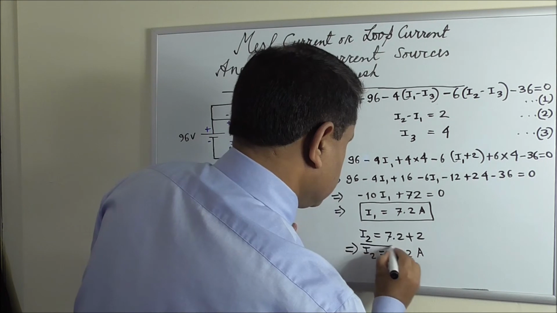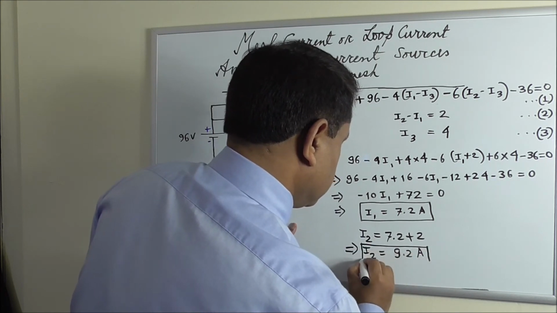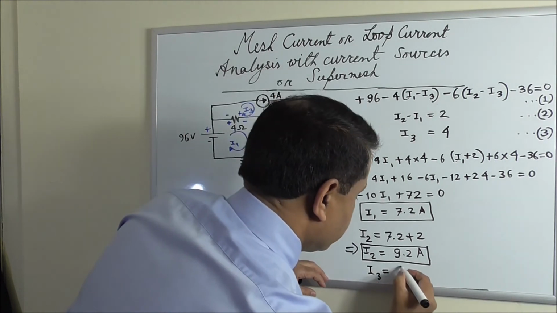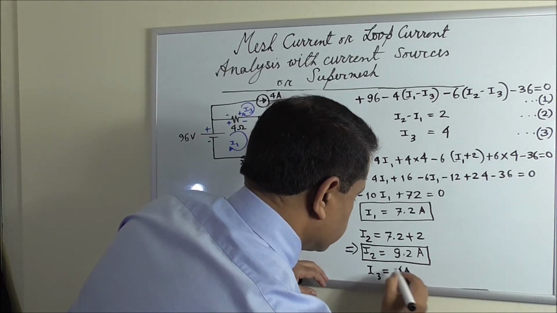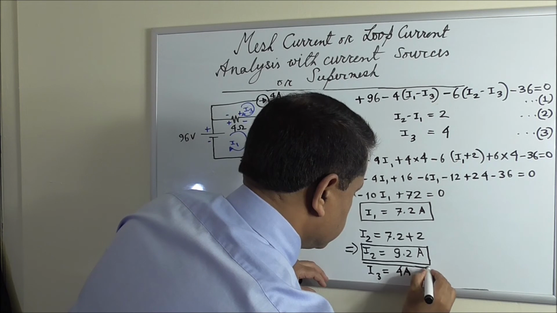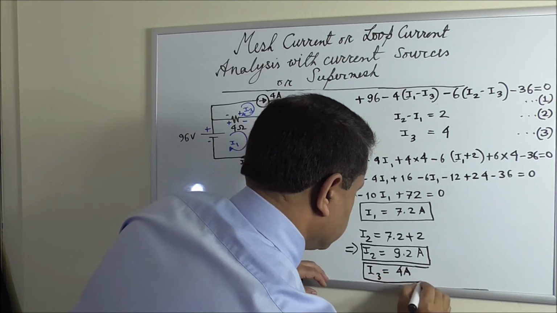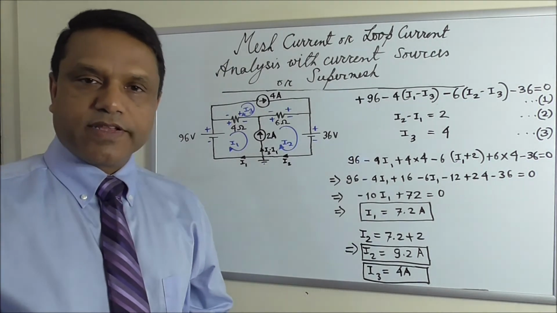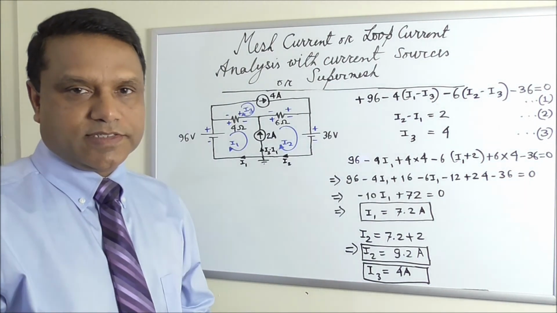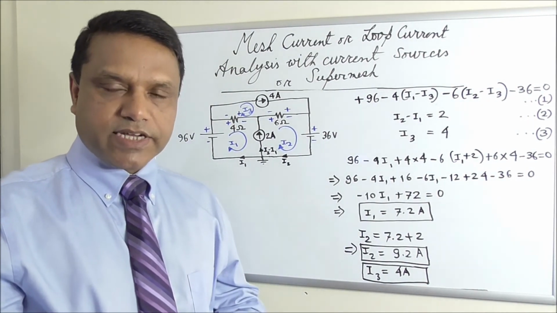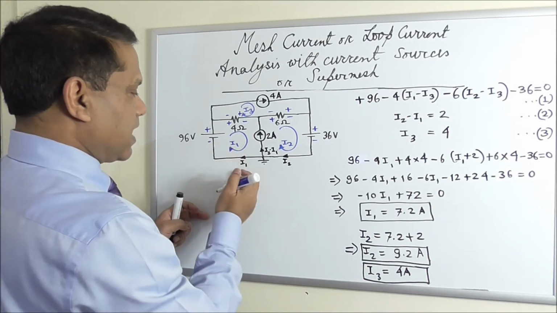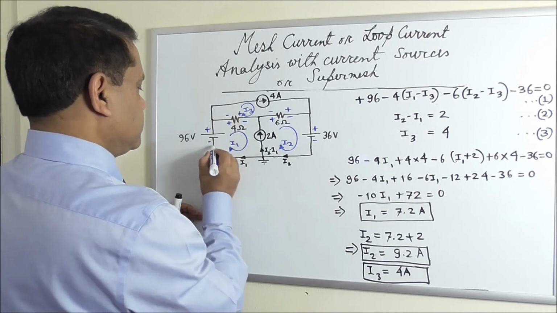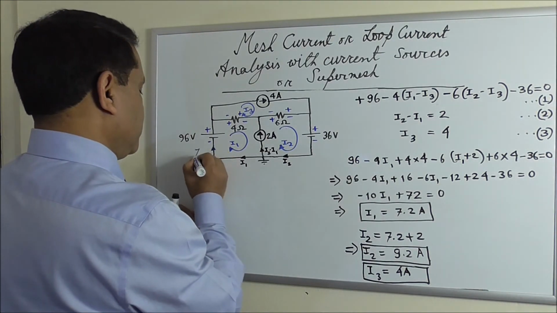I2 is 9.2 ampere, and I3 is 4 ampere. Okay, so we found all 3 loop currents. So let's mark down the branch current. So this branch current I1 is 7.2 ampere.